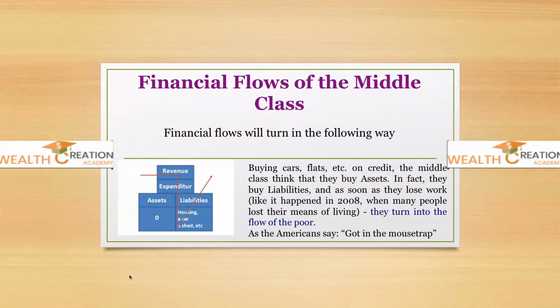When you buy a home to live in, it is a liability because money is getting out of your pocket every single month. If you lose work, like it happened in 2008 and is happening now in 2020 with this situation, many people lose their job and their means of living, and it's very sad. Then they turn into the financial flow of the poor.